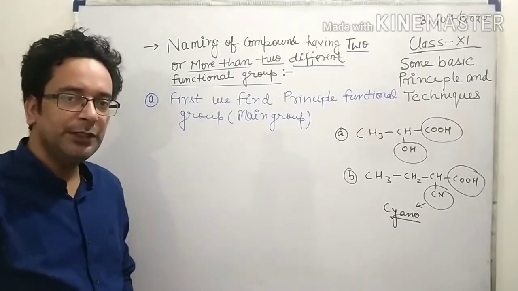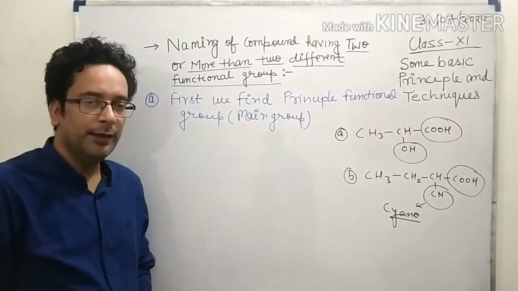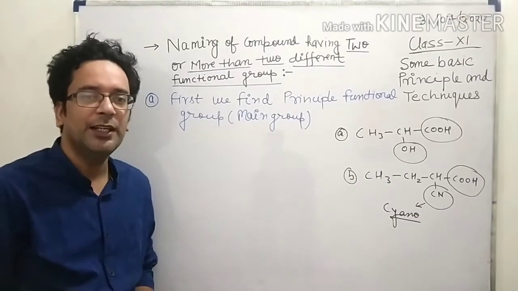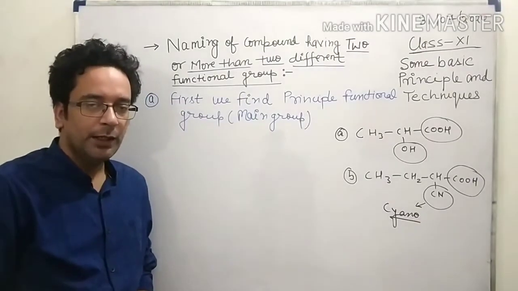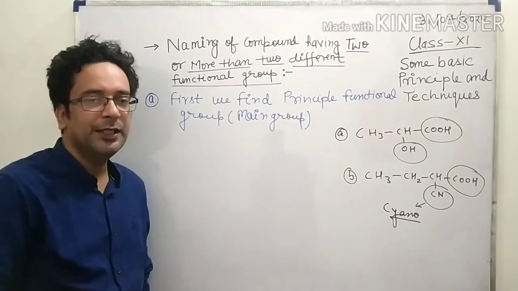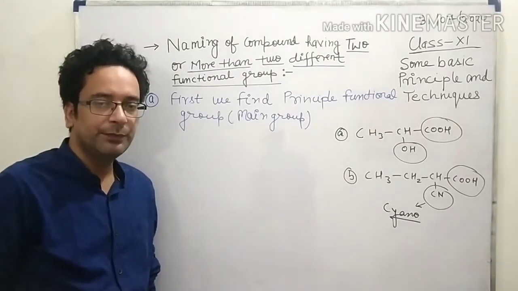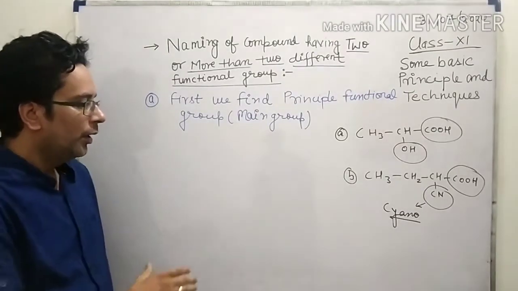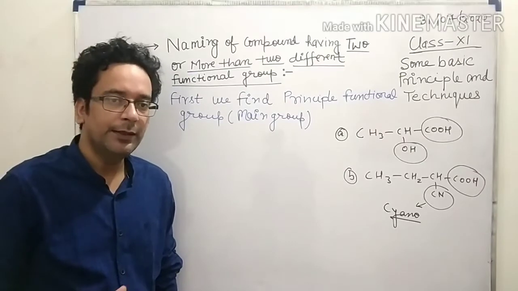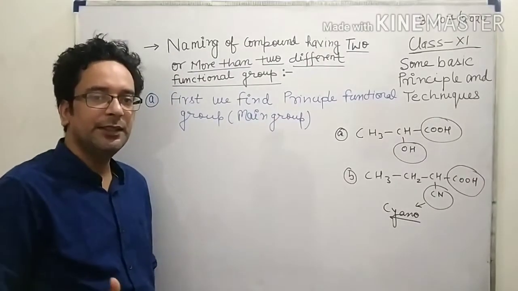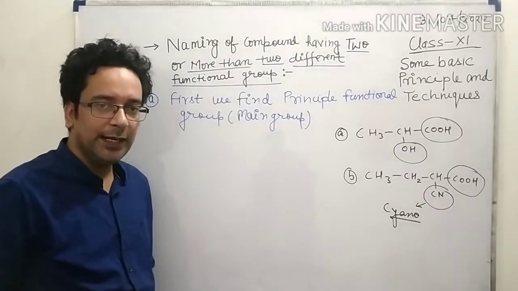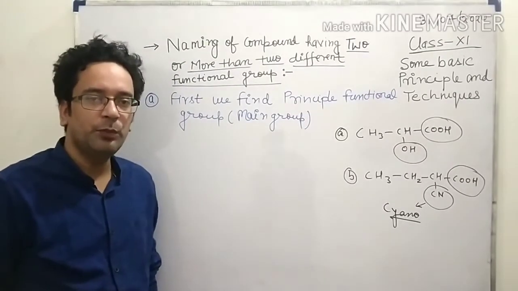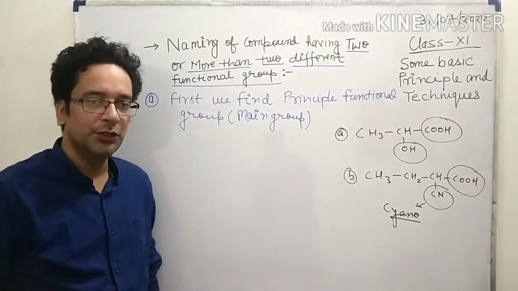Now in the previous video I explained priority order of functional group or seniority table, in which functional groups are arranged in priority order, and the one which comes first is known as the principal functional group. So all of you learn that table. With the help of the priority order we can easily find the principal functional group.